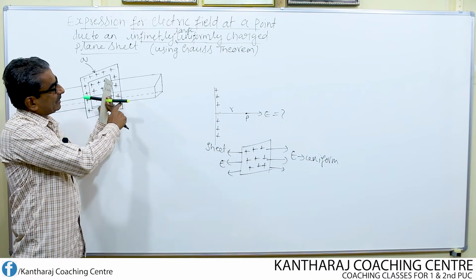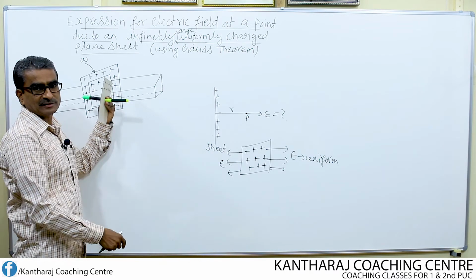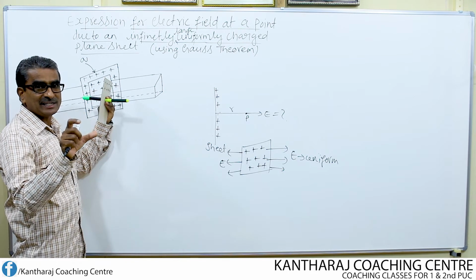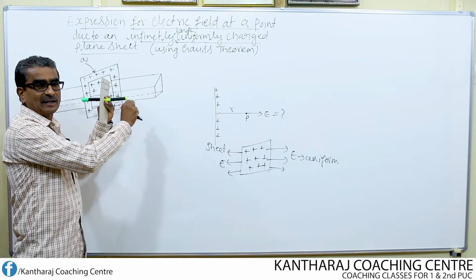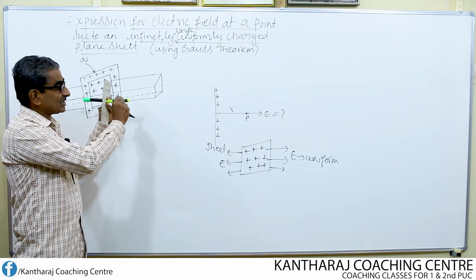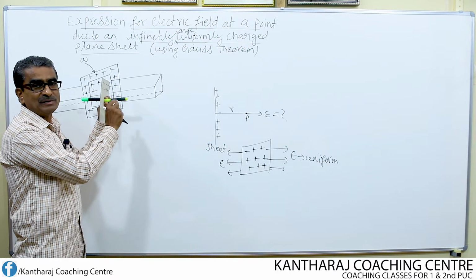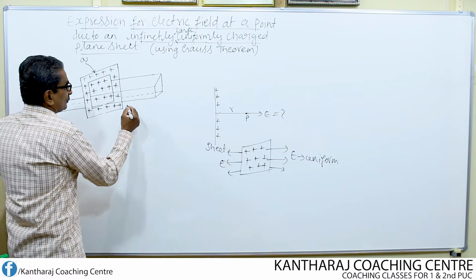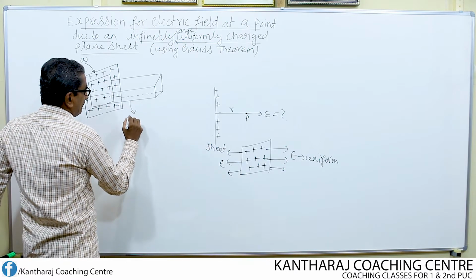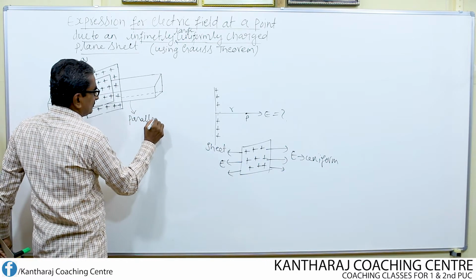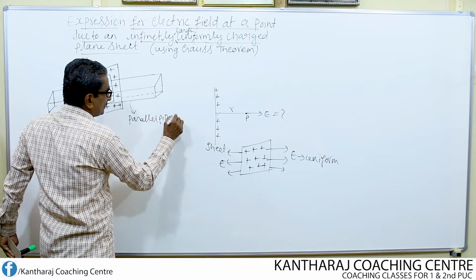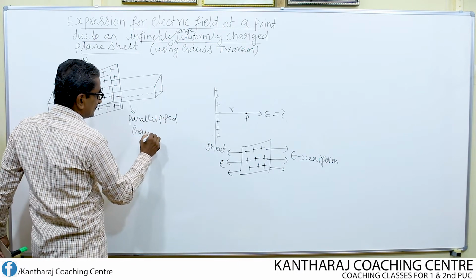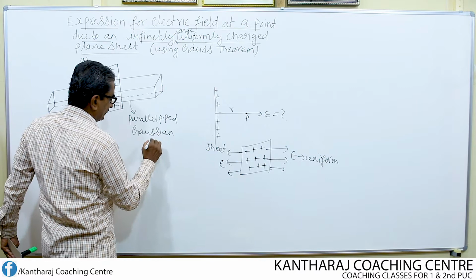Because this surface is parallel to this surface, parallel to this. So, one imaginary rectangular parallel piped structure, or geometrical figure, is considered here as the Gaussian surface. So, this is the parallel piped Gaussian surface.